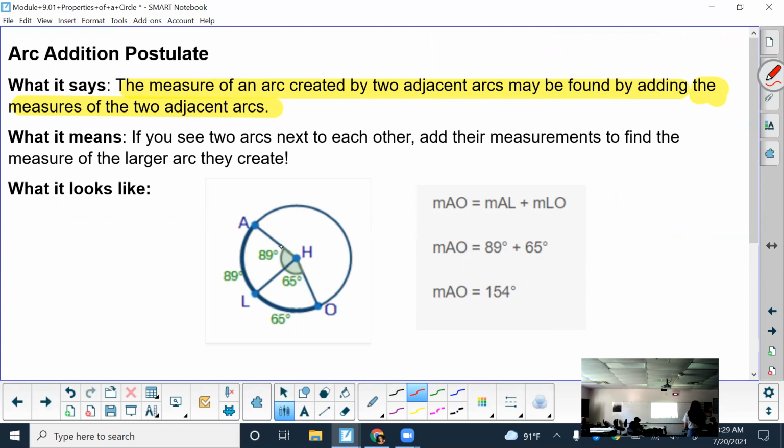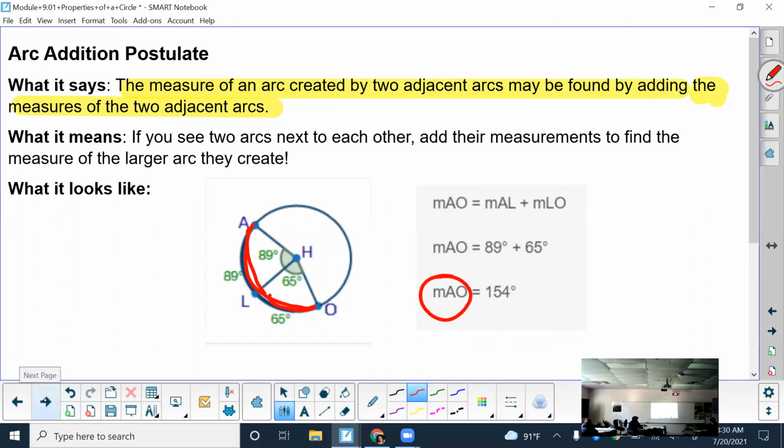When I have central angles, the arc measure is congruent to the central angle measure. So notice that's congruent. If I wanted to find the measure of AO, I just add them together. Question. So the arc addition postulate.